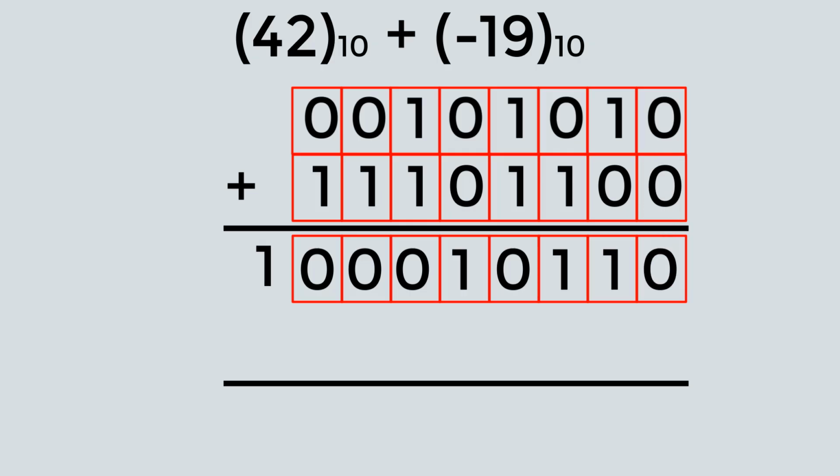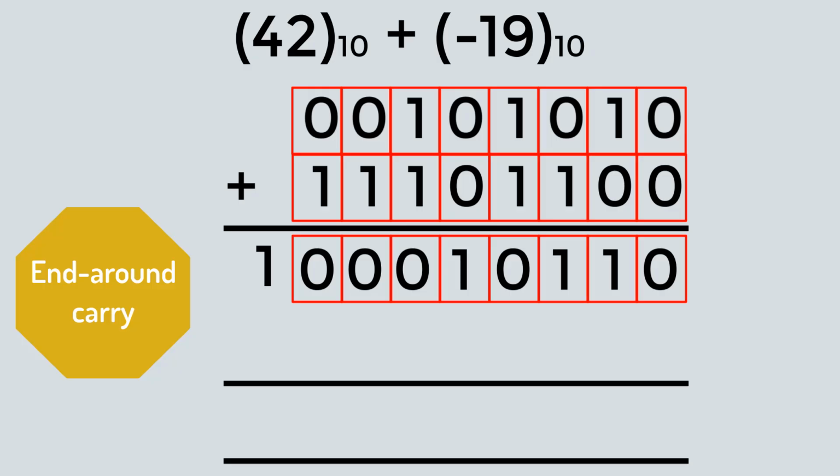The addition has produced a 9th bit to the left. Since we are working with an 8-bit representation, this extra bit is a carry out of the most significant bit. The most significant bit, or MSB, is the leftmost bit. In 1's complement, this carry is added back into the rightmost bit. This is called an end around carry.